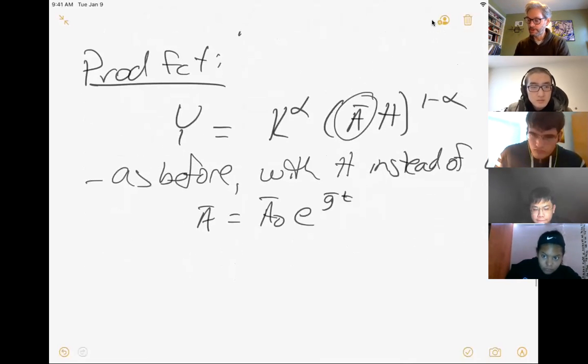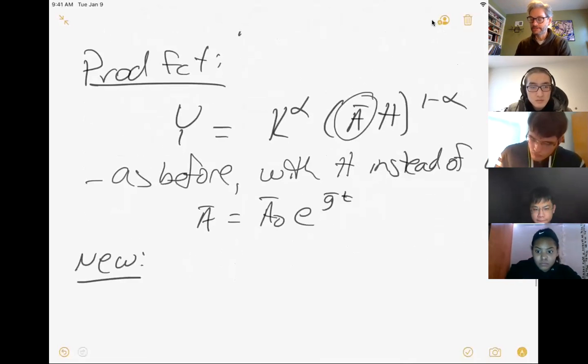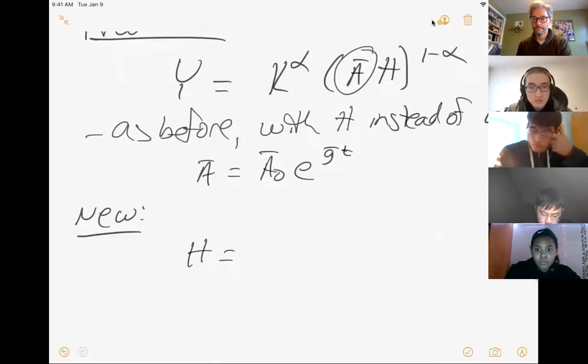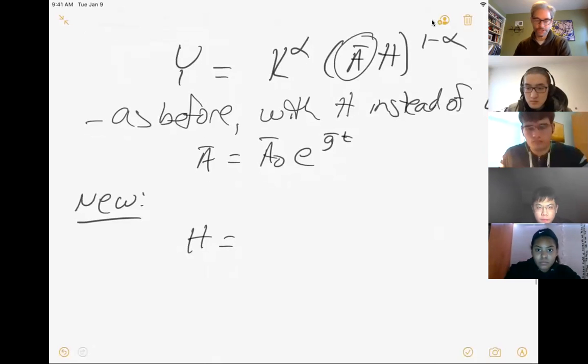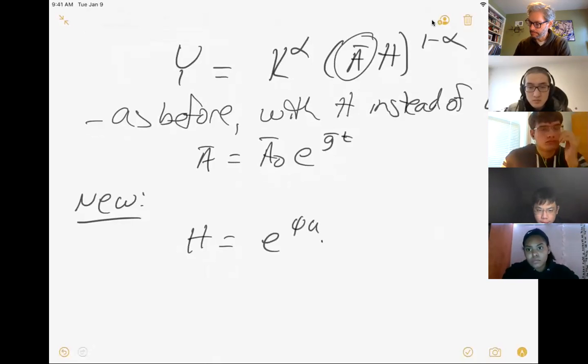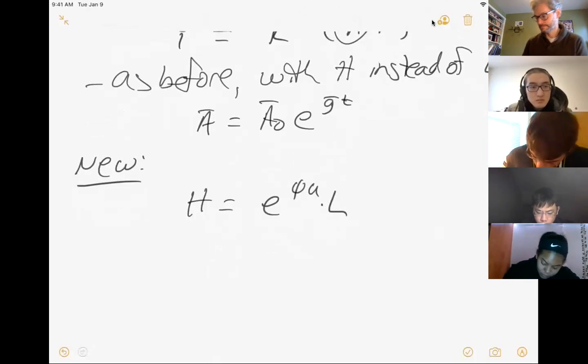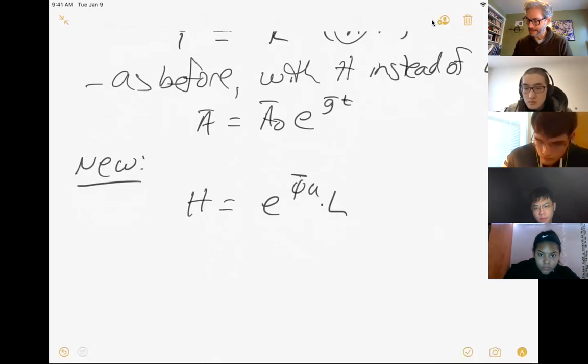Now, here's what's new, and it has to do with H. What is H? Mankiw, Romer, and Weil say, let's assume H looks like this. That's psi, and psi is exogenous.